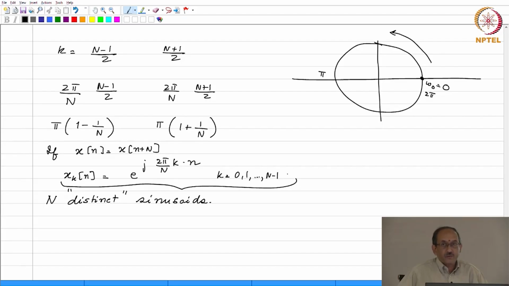Whereas, in the continuous time case, you have e to the j k omega naught t, this is the counterpart there, and then you let k be in the range minus infinity to plus infinity. So, these are harmonic sinusoids in the continuous time case. You have a countably infinite set and all of them are periodic.